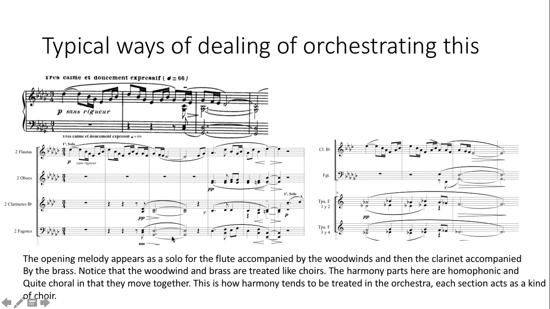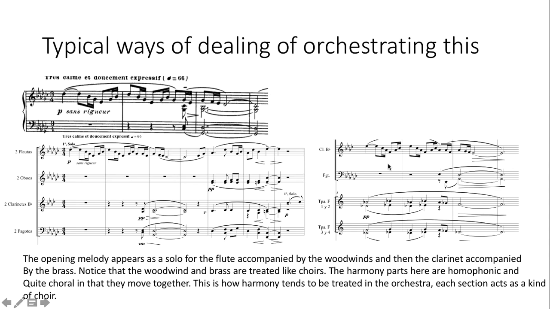Notice though that the harmony parts are treated like a kind of choir in each section. So we've got a kind of woodwind choir going on here. All of the harmonic material is in the woodwind section, and the chords move broadly homophonically, as you might expect in a choral texture.